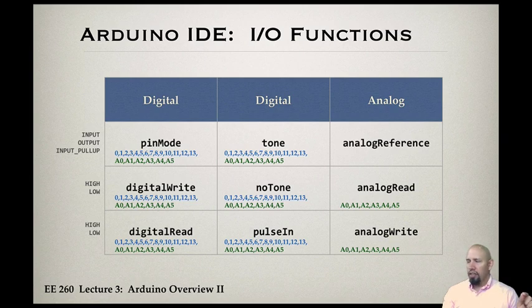If you write a 0, you'll get a 0 duty cycle. If you give 255, then you will basically have a constant on duty cycle. So that's what the analog write does. It gives you a pulse width modulated signal. We talked a little bit about pulse width modulation and how that can simulate an analog signal. Not really an analog signal, it's digital, but in some applications it can be used like an analog signal.